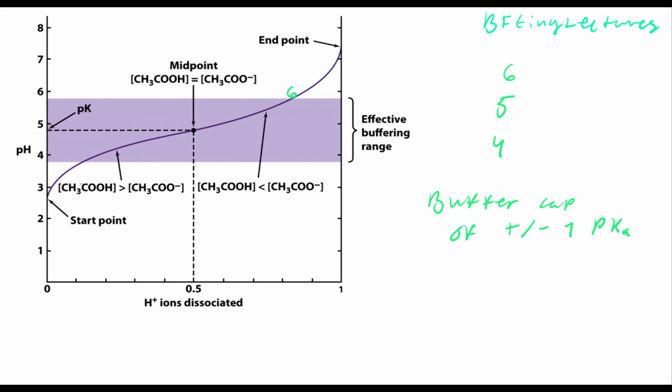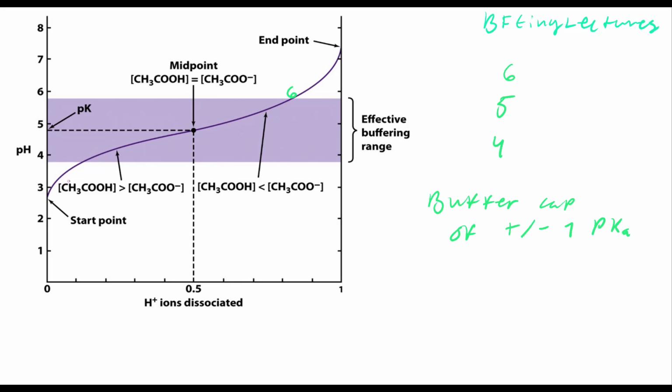So your buffer capacity is always going to be plus or minus 1 of the pKa. In this case, the pKa would have to be 5. If we add bases, eventually we're going to hit 6, and if you add more, you're going to shoot up exponentially towards the basic side of the pH scale. Likewise, if you add more acid past 4, you're going to shoot all the way down to maybe 1 or 0.